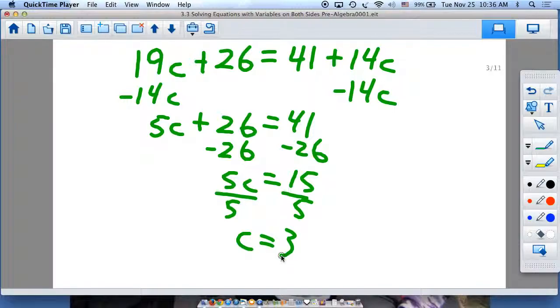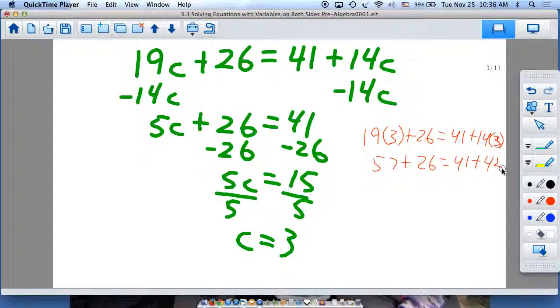Once again, just like all equations, we can always check ourselves. So we can put the 19 times 3 plus 26 equals 41 plus 14 times 3. So 19 times 3 is going to give me 57. 41 plus 14 times 3 is going to give me 42.